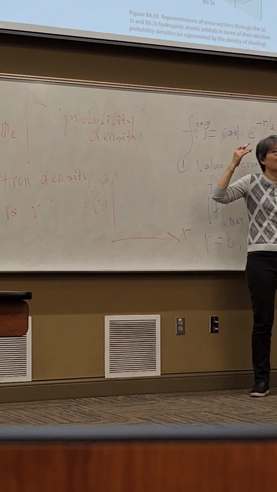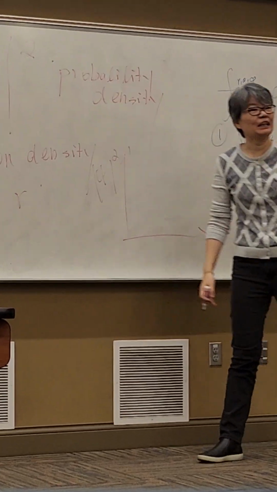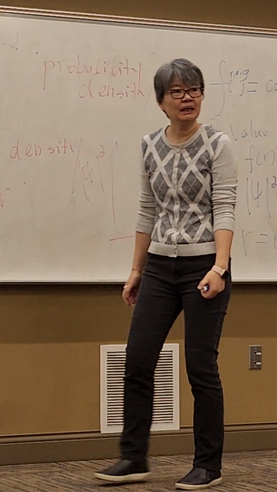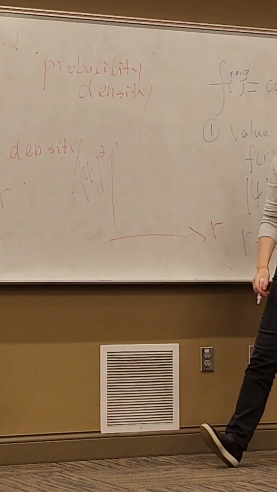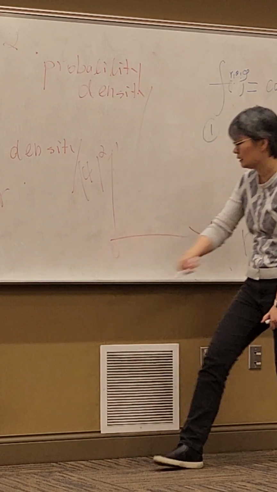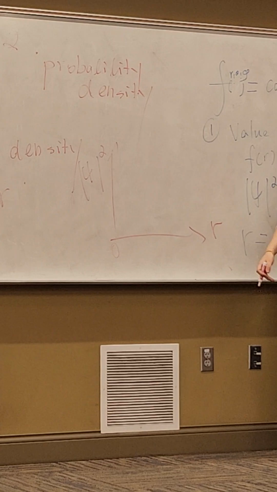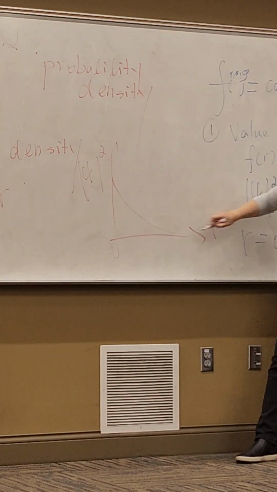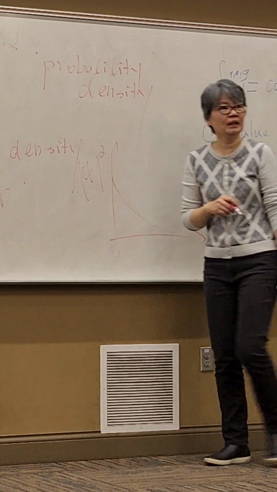We've been talking about this all the time. It is an exponential decay, right? The maximum value is at r equal to 0. So if I just want to sketch it, it'll look like this. Do you guys agree? So the probability density decreases as the electron is further away from the nucleus.